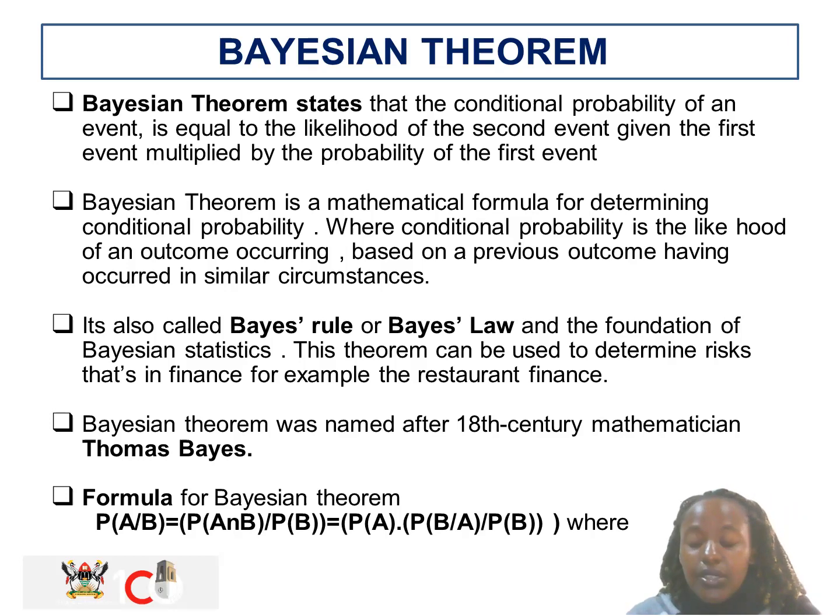For example, in restaurant finance, I can use it to evaluate the risks faced with using the model. It's also used in machine learning, which is why it's more appropriate when I'm using it in artificial intelligence. It was named in the 18th century after the mathematician Thomas Bayes, and its formula is explained here.